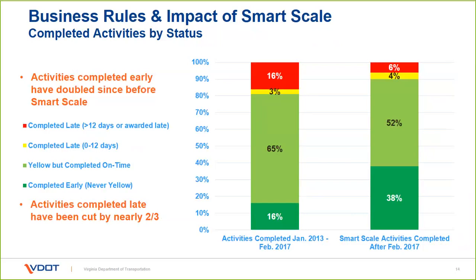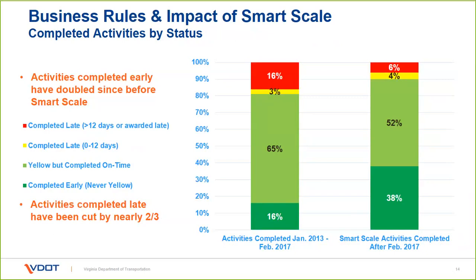All right. So we've made those changes that I just went over with the SMART SCALE projects, and we wanted to pause because a lot of the focus of what we're talking about today is going to be on the development side and delivering these on time and shortening those durations.